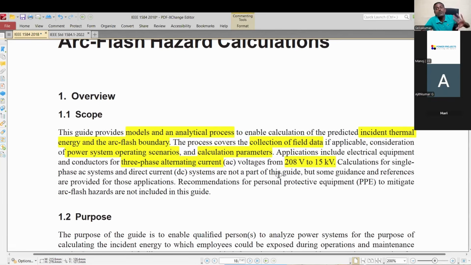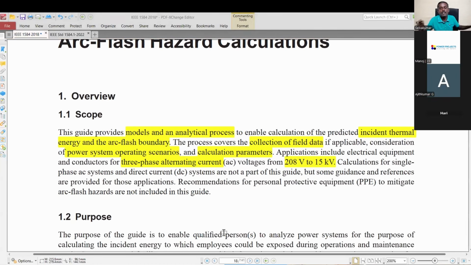That doesn't mean you need not perform it or you can leave it as it is. For DC, of course, nowadays solar has grown and battery energy storage systems have grown. For more than 15 kV, live maintenance we are doing. So there also an arc flash study is needed, but this standard is not applicable for that. If that is making sense, just type MS in chat.